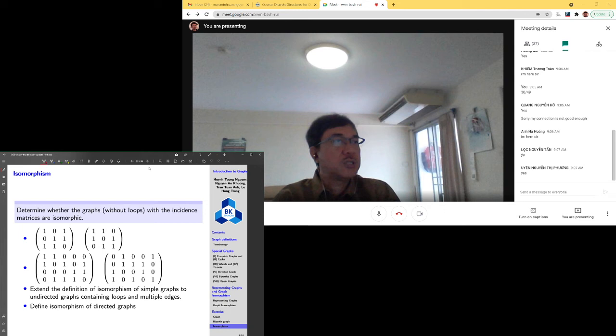And then we move on to define isomorphism for directed graphs. So you have to think the exercise finishes at this line, and this one is the new motivation for the next slide.